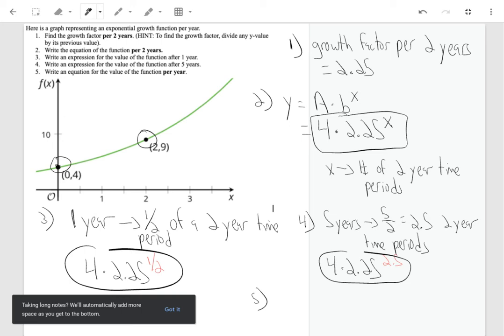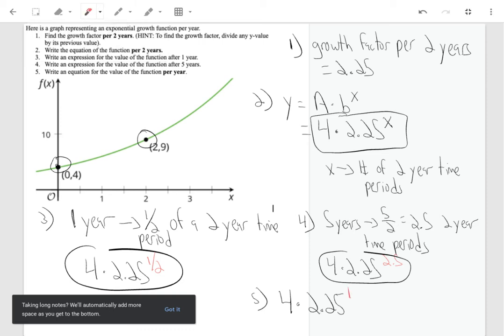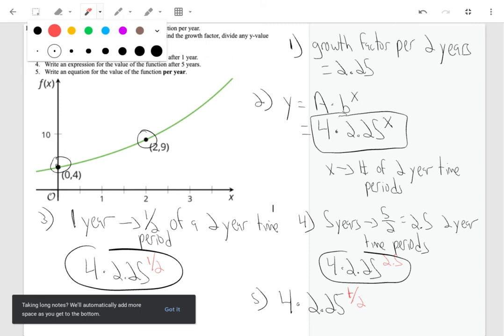So what is that going to look like? That's going to look like this: 4 times 2.25 to the power of t over 2, where I'm using t as the number of years. To figure out my exponent, I have to take the number of years and divide it by 2.